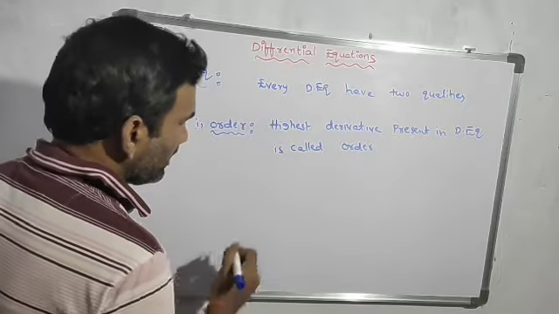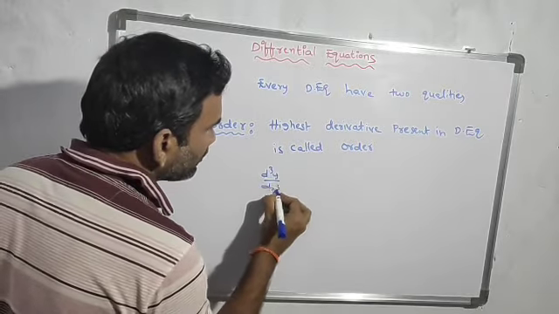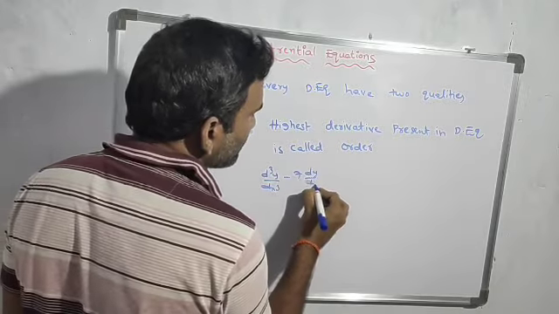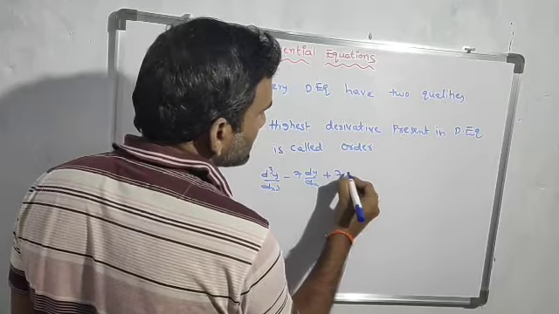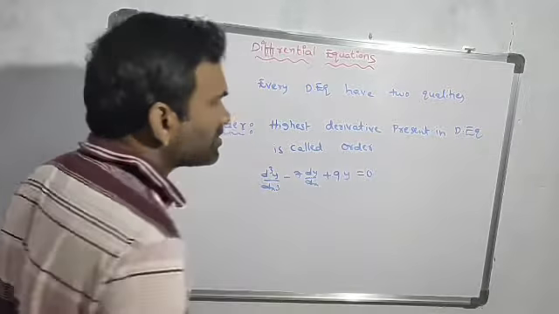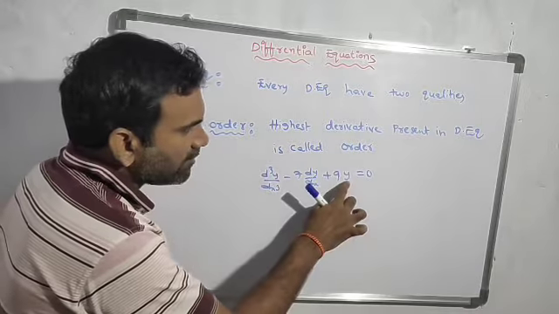Example: d cube y by dx cube minus 7 into dy by dx plus 9y equal to 0. You just observe this. Here y is the dependent variable.